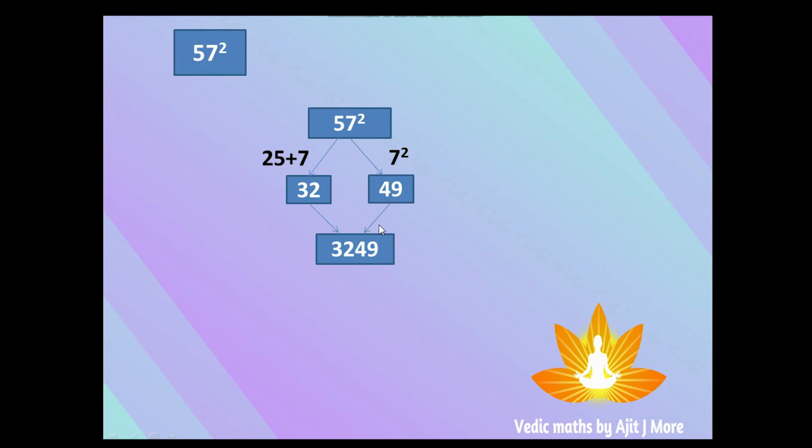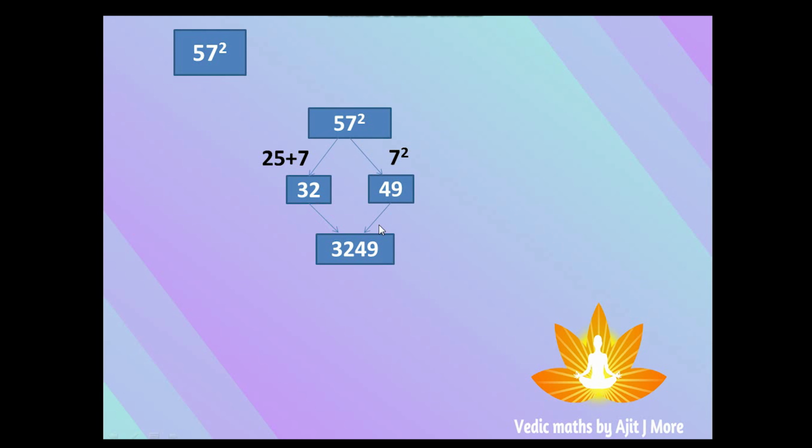Instead of multiplying 57 by 57, that is our traditional method. Now, many times in school, we are taught that in your academic exam, you have to follow that principle only because that is the rule of schools. To get marks, you have to follow all the steps.